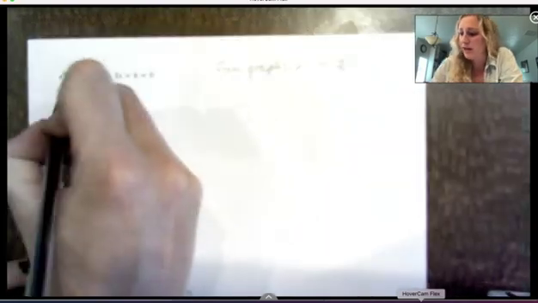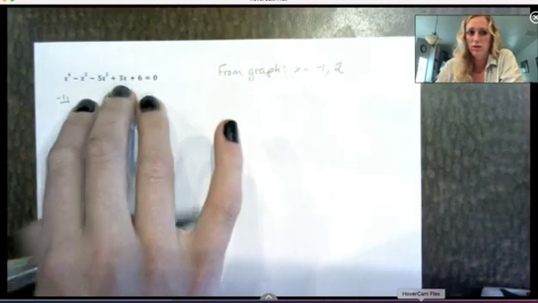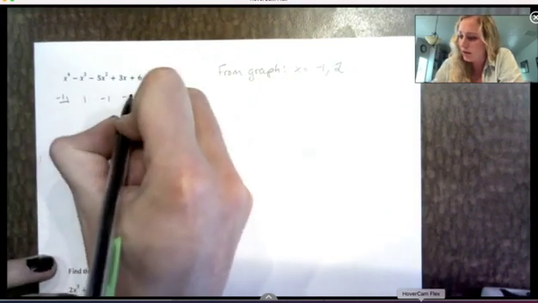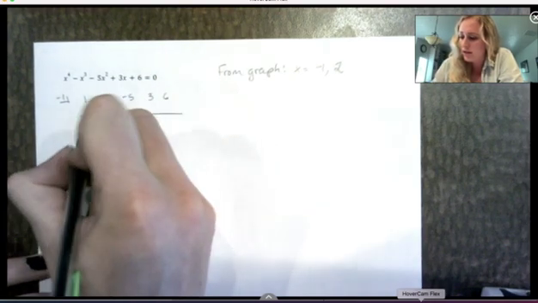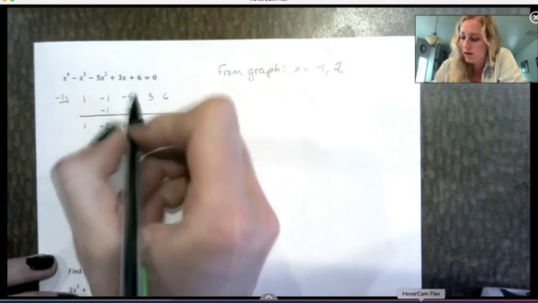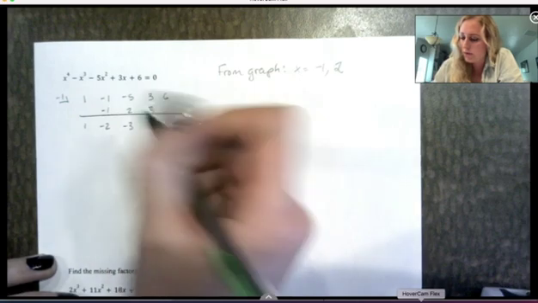Okay, so we're going to divide out -1 from our polynomial. So we have 1x to the 4th, -1x cubed, -5x squared, 3x, and 6. I messed up somewhere.